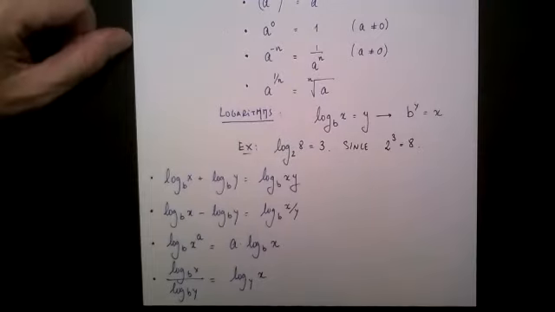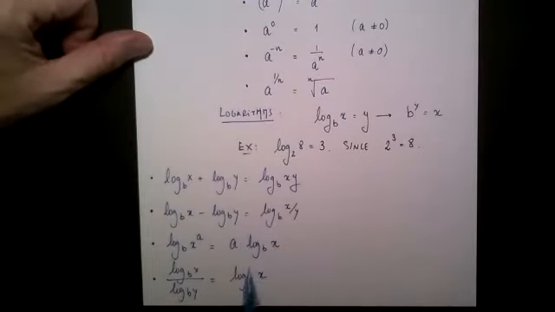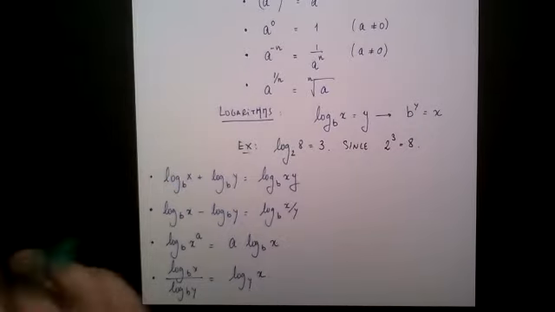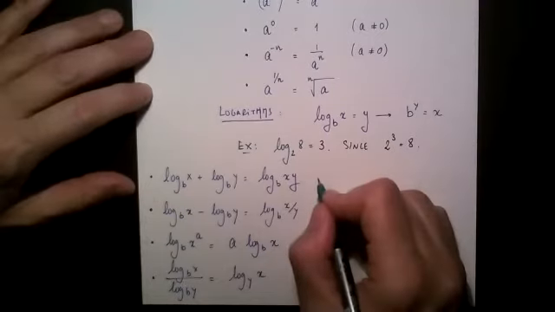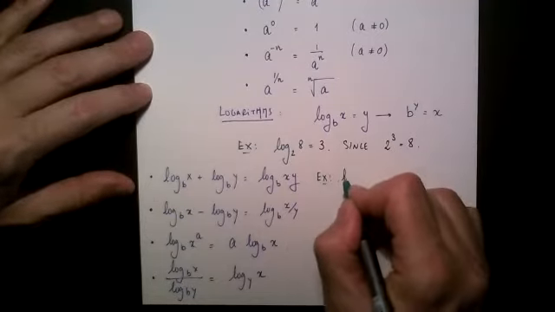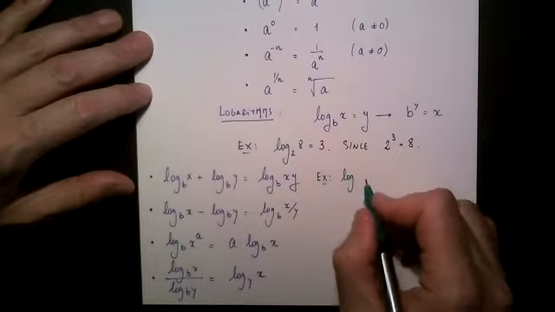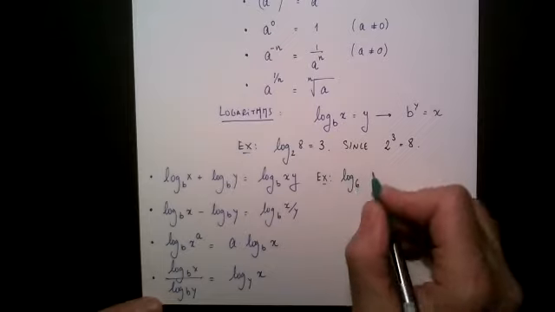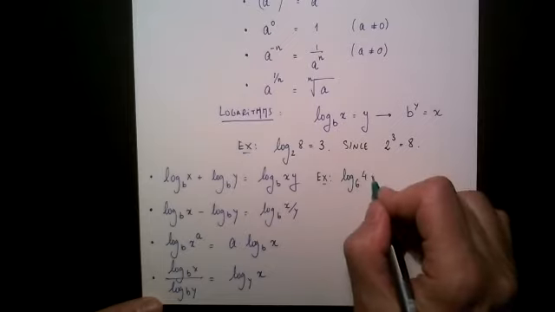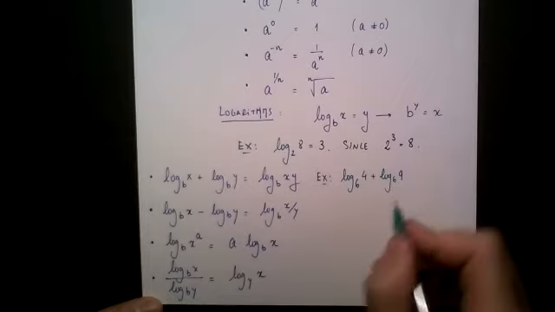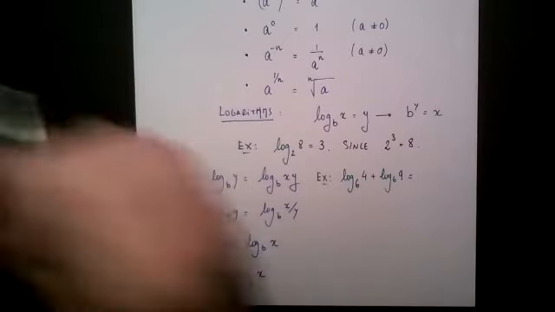Okay. Would you like examples of these things at the bottom? Yes. Okay, so here's an example of each. I'll try to fit it here. So for example, log in base 6 of 4 plus log in base 6 of 9 equals what?